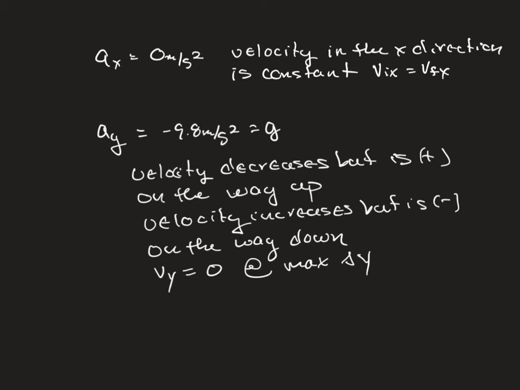So let's see what this does to our kinematic equations that we learned in topic 2. Let's start by working in the x direction. Our first equation would be velocity final in the x equals velocity initial in the x plus acceleration in the x times time. Now, you'll be given an initial velocity, or you may be asked to solve for it, but anyway, there's an initial velocity involved.